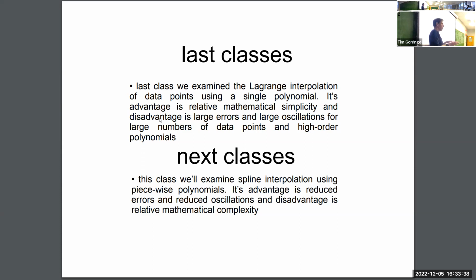In today's interpolation, which is called piecewise spline interpolation, we could use a quadratic function, we could use a cubic function, but we'd use many quadratics, many cubics that would interpolate adjacent data points, and we would join that together to interpolate the entire set of data points. So it's a very different method, a very different scheme.